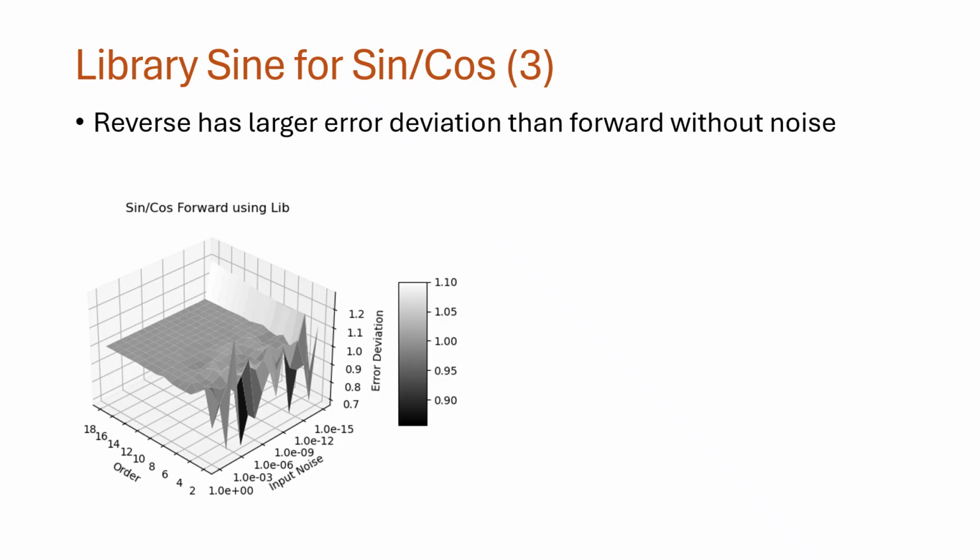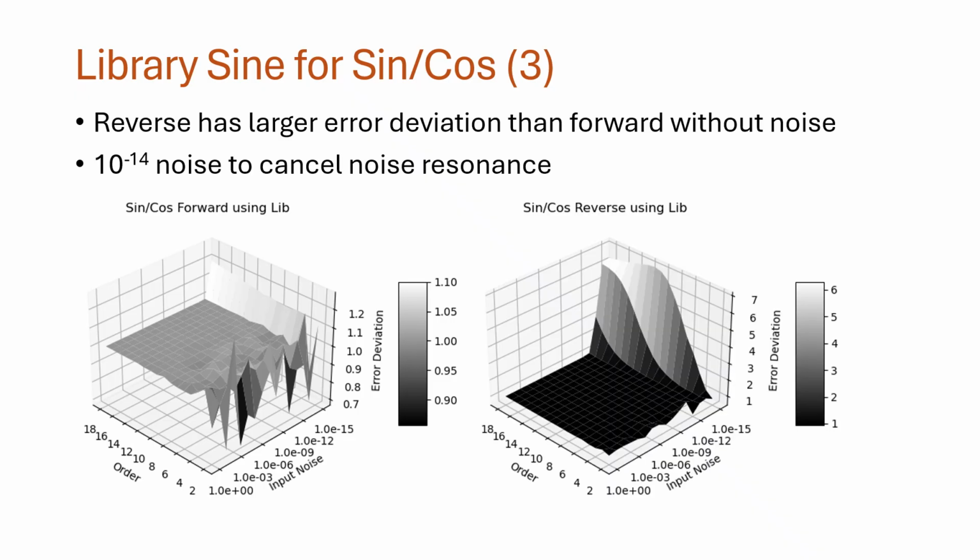Now we can look at the error deviation using library sine and cosine, and compare. This is the forward. We can see it still has a large error deviation of 1, and when the input noise goes to 0, the error deviation is slightly higher, about 1.1.